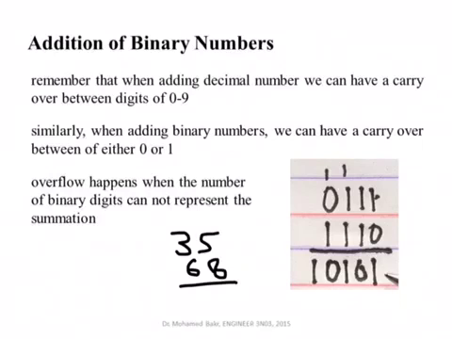So we put 3 here, and then we carry over 1. This one really is 1 multiplied by 10 to the power 1. And then we add this 1 to 3 plus 6. So this will give me 0 here, and then I carry another 1, and this one is really 10 to the power 2.